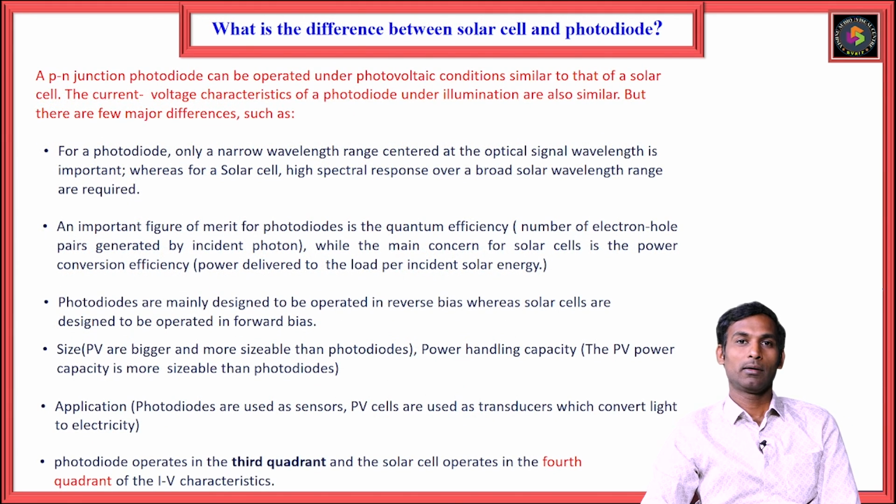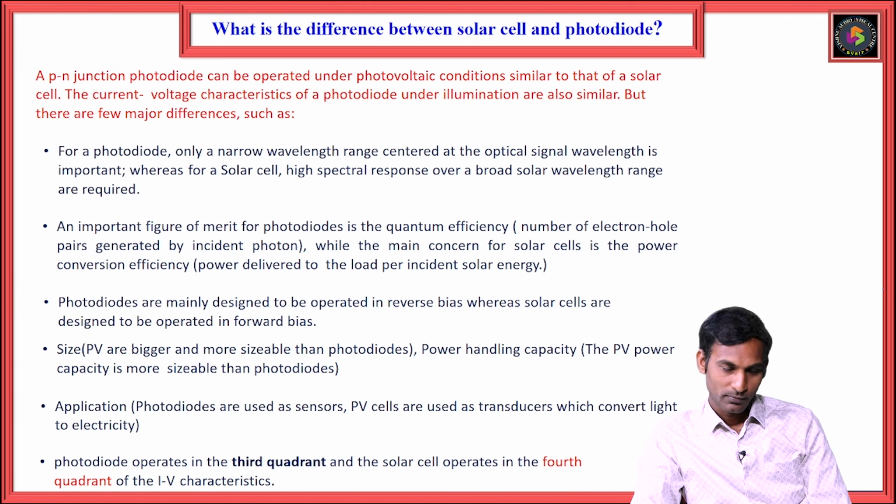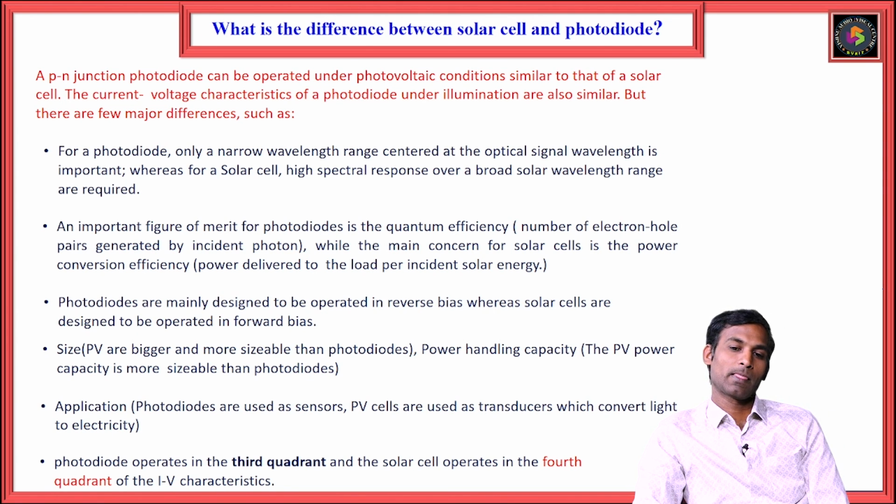Coming to the conclusion, what is the difference between the solar cell and the photodiode? Solar cell works on the photovoltaic effect principle and is also said to be a photogalvanic cell. Both are fabricated from a PN junction diode only.